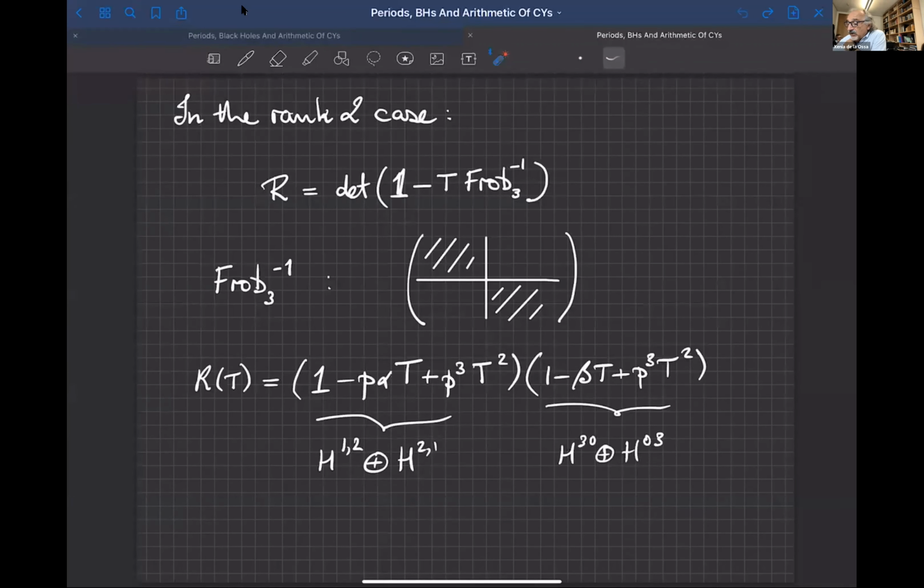And there are 2 important coefficients in here. Everything's determined by the Weil conjectures up to 2 important coefficients, beta there and alpha there. And one of these factors corresponds to H12 plus H21, and the other one corresponds to H30 plus H03.